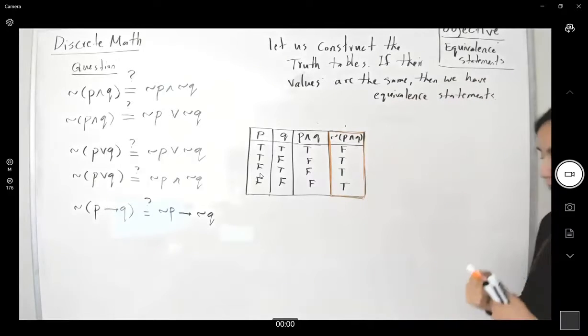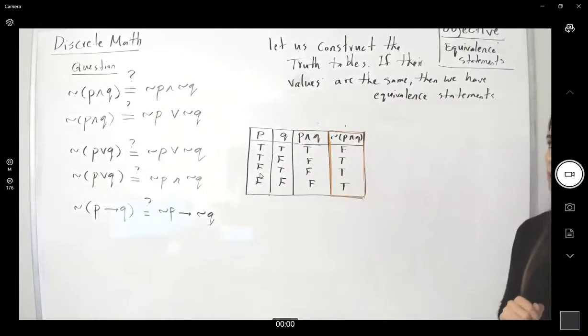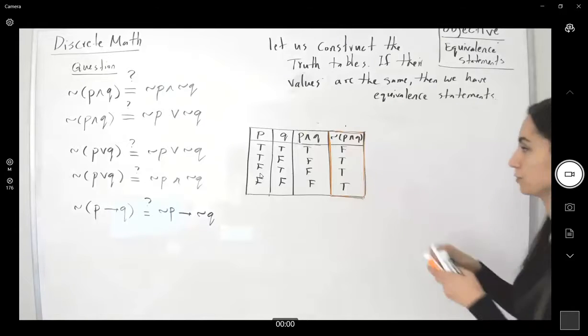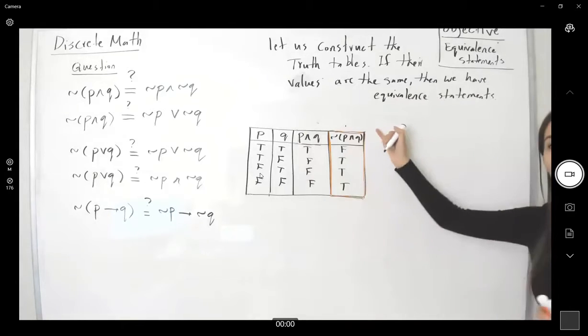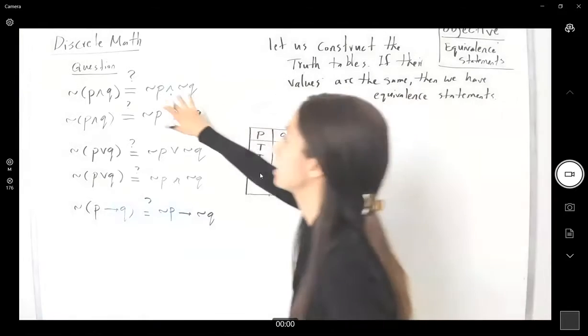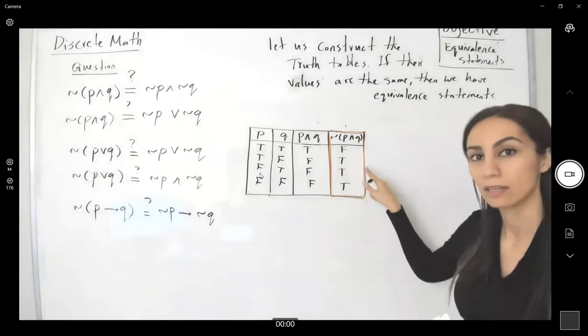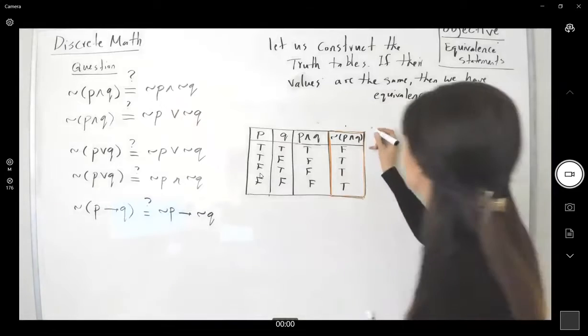Okay, perfect. On the right-hand side, what I have is not P and not Q. So I'm going to add more columns here, and then I'm going to compare the last outcome for this compound statement with this column here in orange.